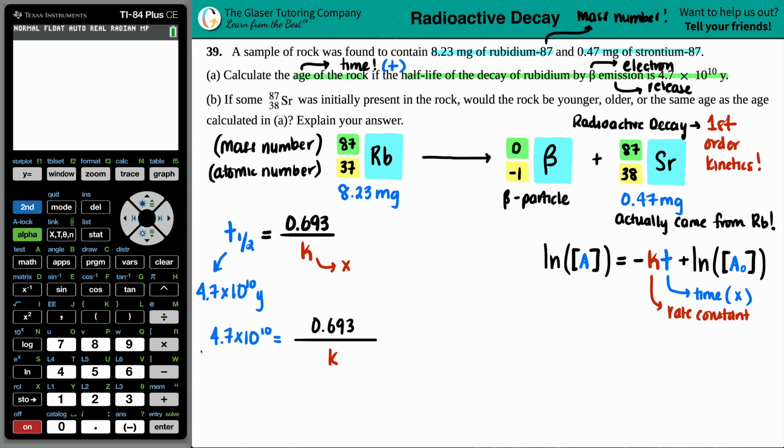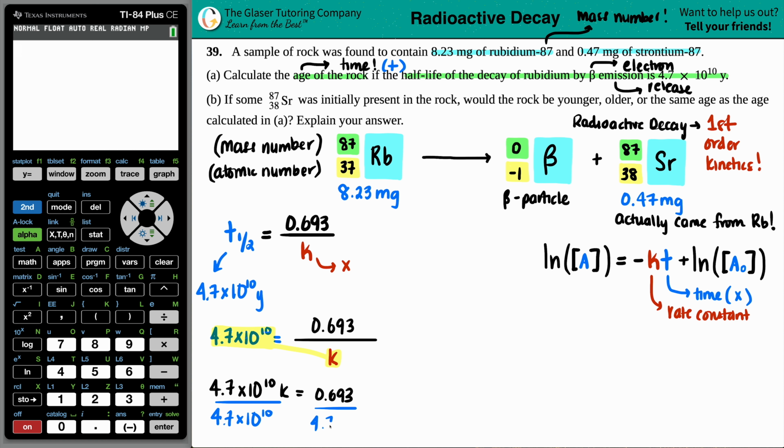We can cross multiply and then do our little division. Just drawing it out for you guys. 4.7 times 10 to the 10th times k equals 0.693. Gotta solve for k, divide by that value, and we're going to get a really, really small number.